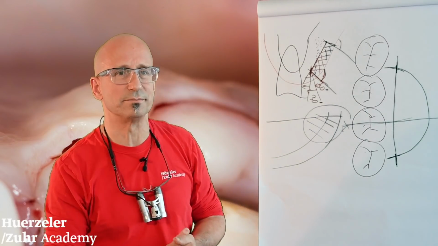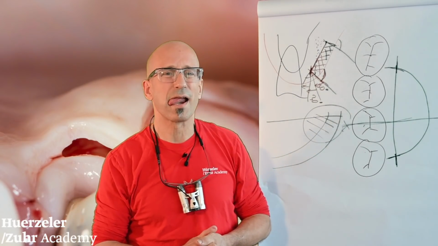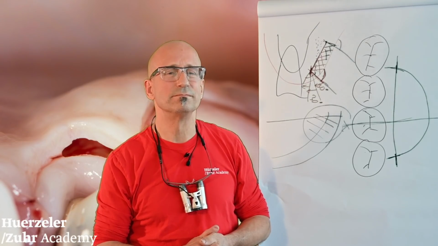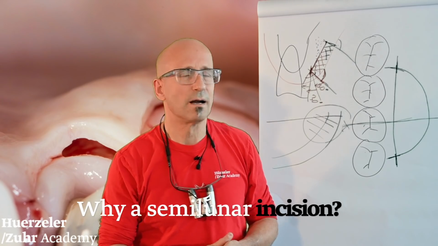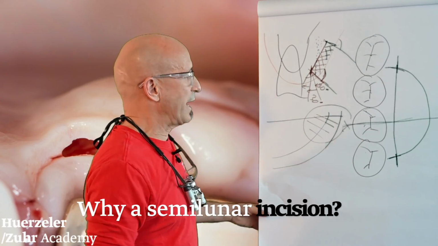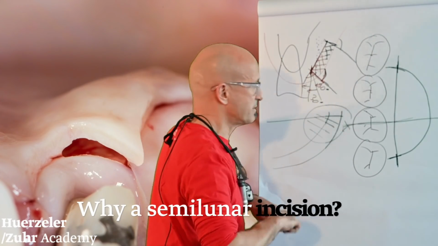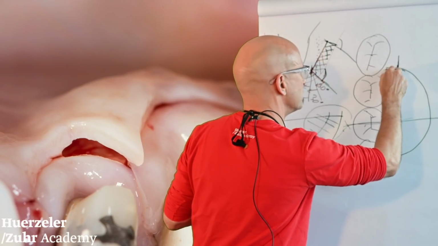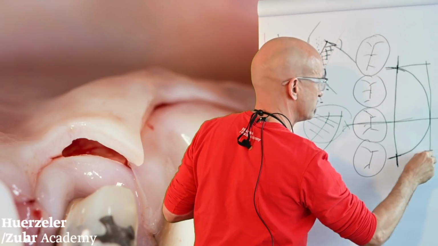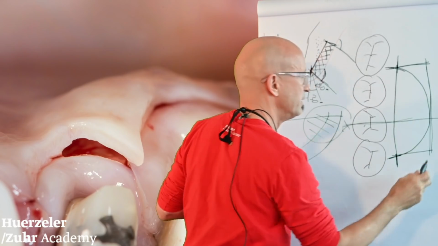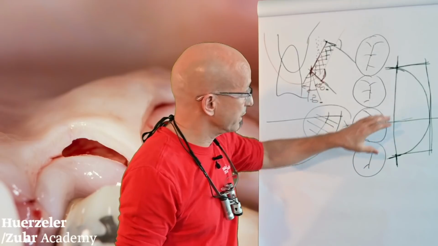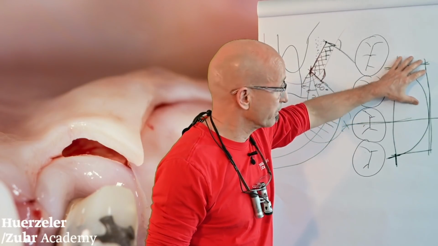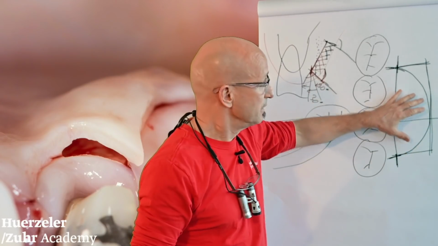Other questions? Yes. Why did you go for a semi-lunar incision and not for a rectangular flap in the outline of the free gingival graft? Why did I use a semi-lunar incision and not a rectangular incision to harvest a rectangle? This is just for exercise reasons. You can also exercise with a rectangular approach. It's the same.